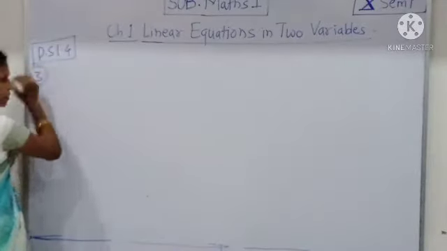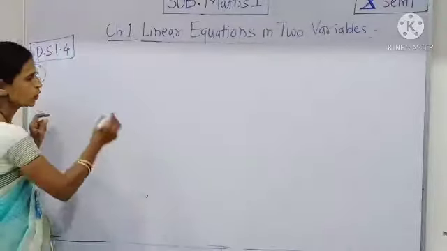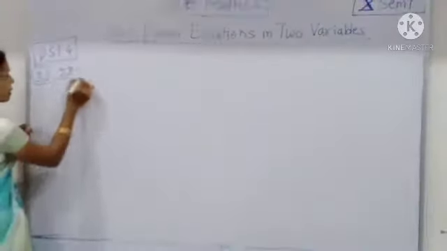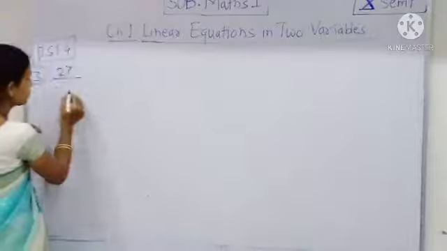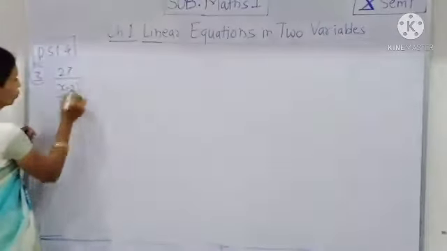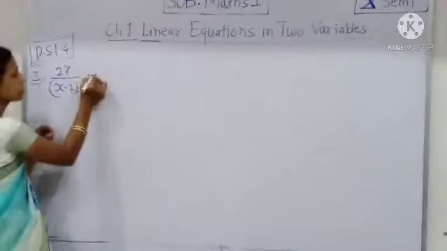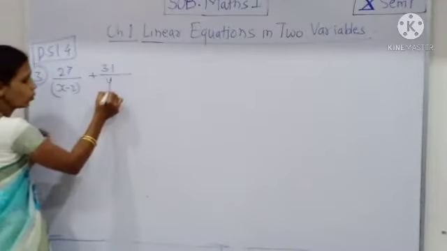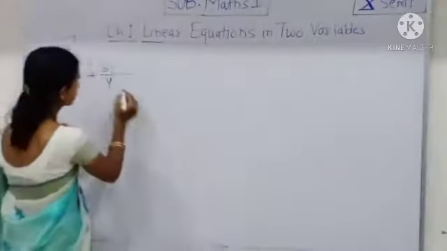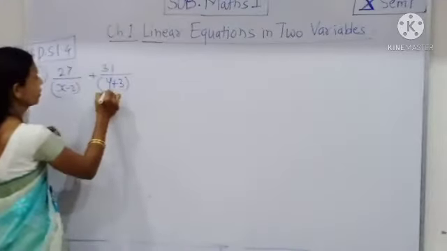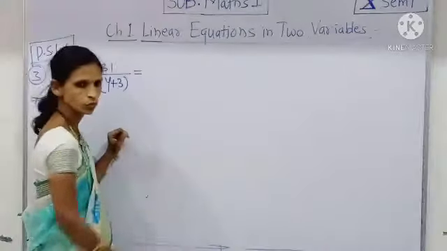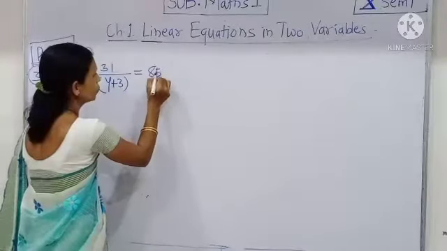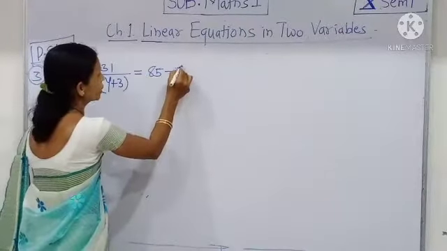That is, 27 upon x minus 2 plus 31 upon y plus 3 is equal to 85. Let this be equation number 1.